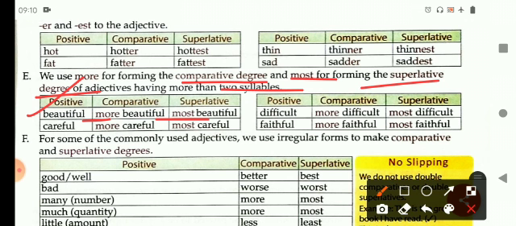Now the 3 degrees are beautiful, more beautiful and most beautiful. In a similar way, difficult, more difficult, most difficult. Careful, more careful, most careful. Faithful, more faithful and most faithful.